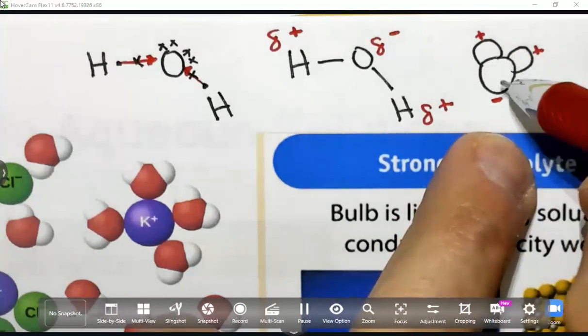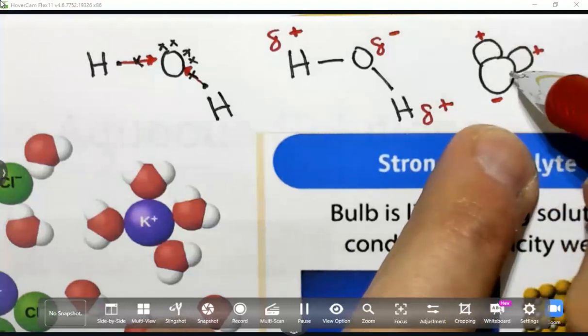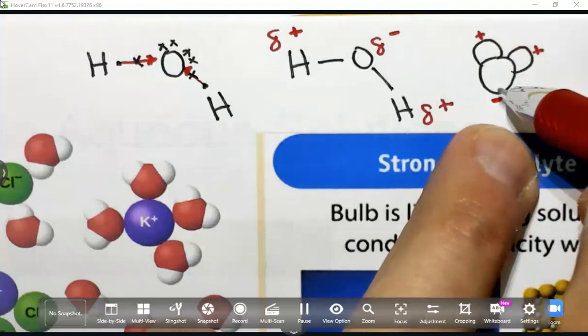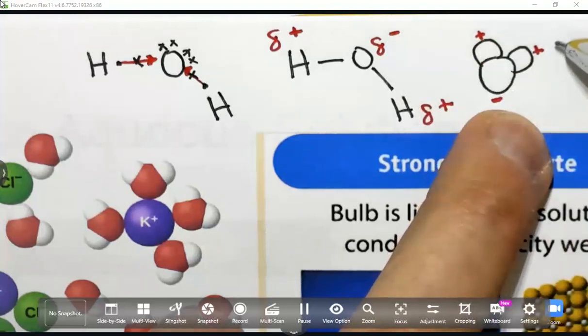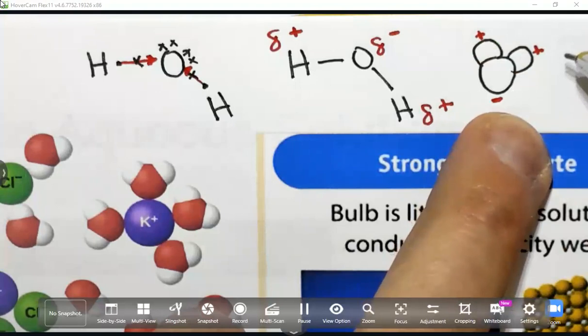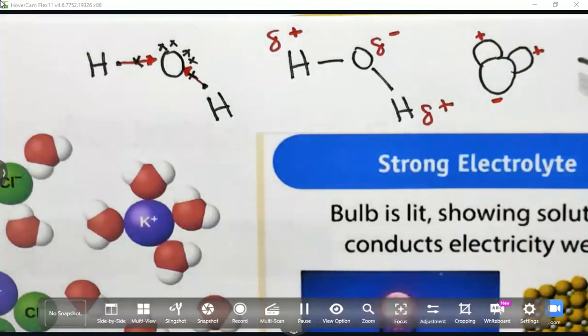This is what makes life on this planet possible. The fact that water does this. Because pretty soon when water freezes, the oxygen from one is attracted to the hydrogen of another. And snowflakes are six-sided. And that creates that hole in the middle when water freezes.